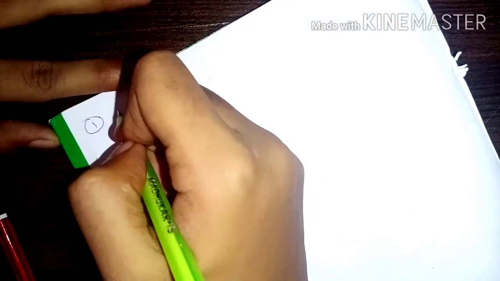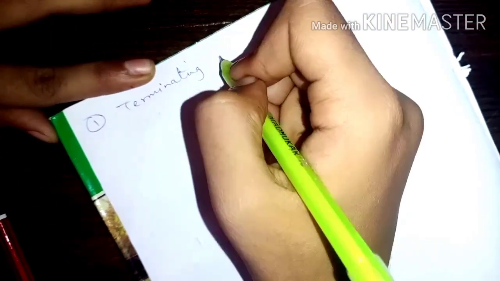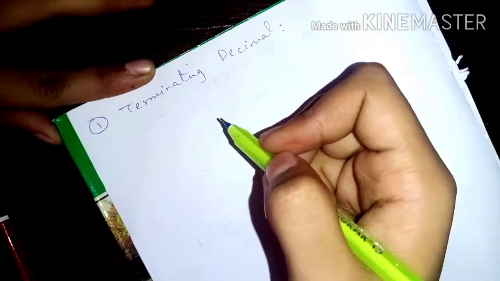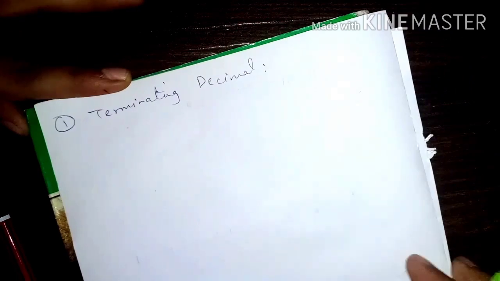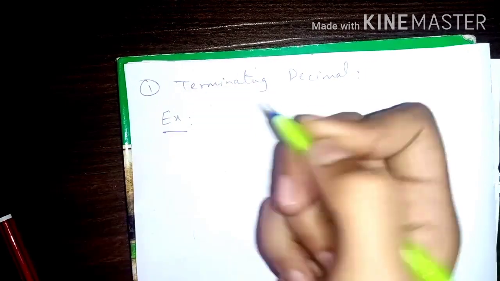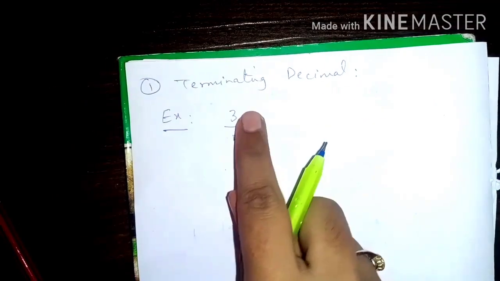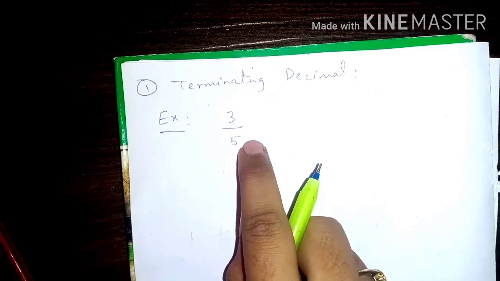So the first one is terminating decimal. I'll explain each of them with an example. Suppose I take the number 3/5. These are basically 2 integers which are divided.